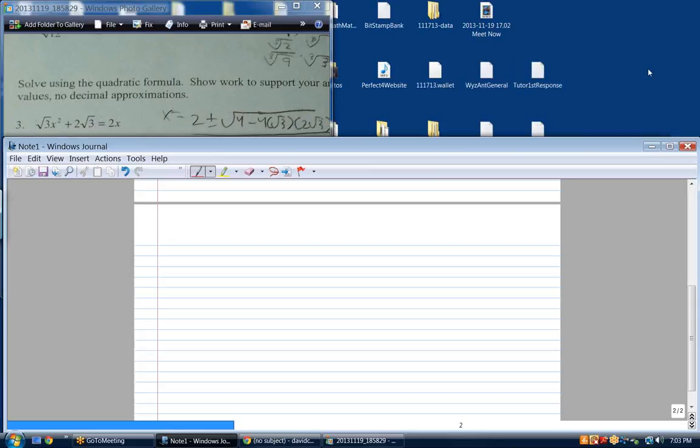Okay, use the quadratic formula. So the first thing we want to do is get it in standard notation. So what's A, B, and C? A is square root of 3, B is -2, and C is 2 square root of 3.